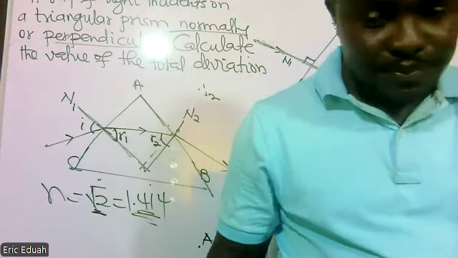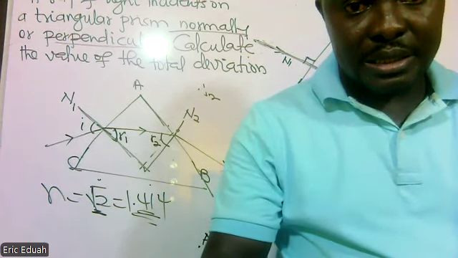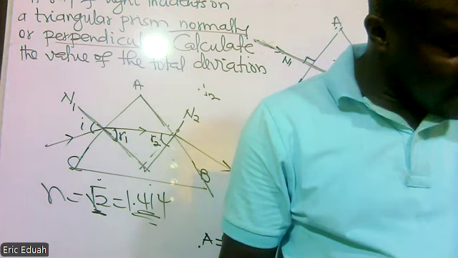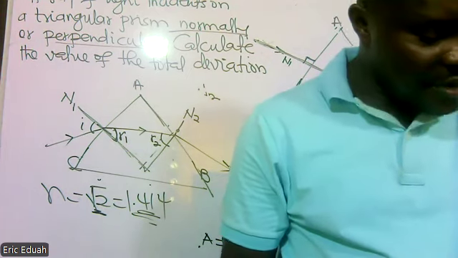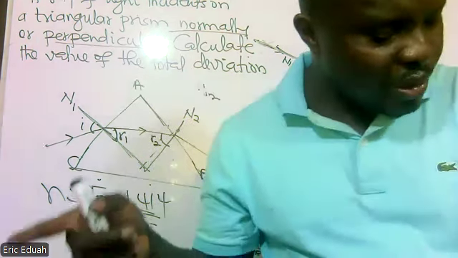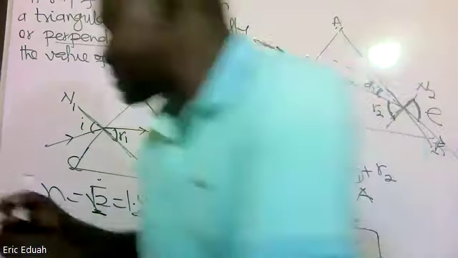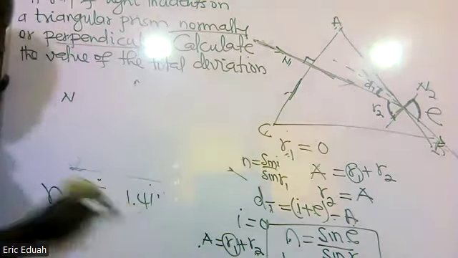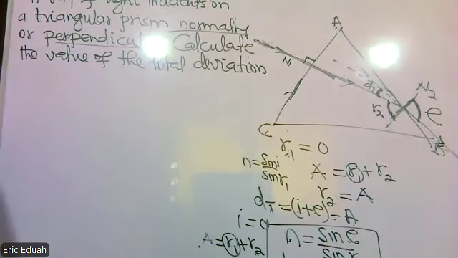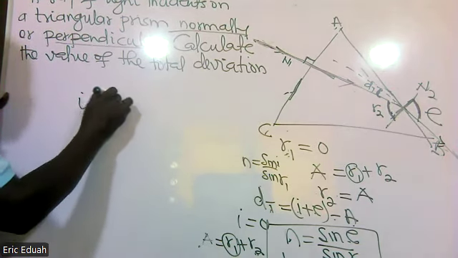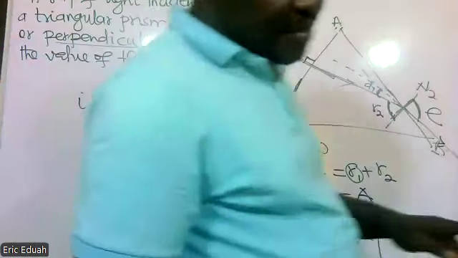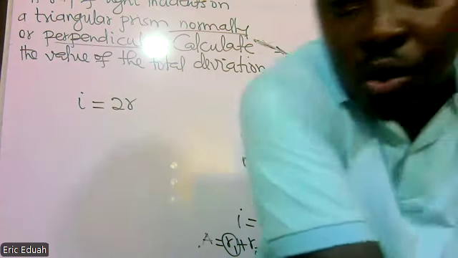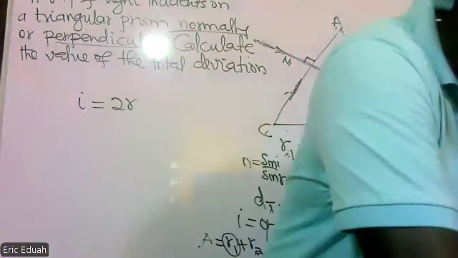It is found that the angle of incidence is double the angle of refraction, that is, I is equal to 2 times R, within the prism.